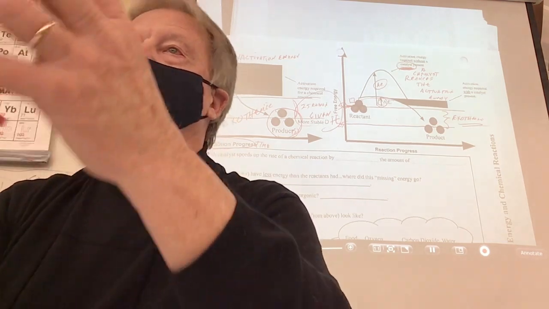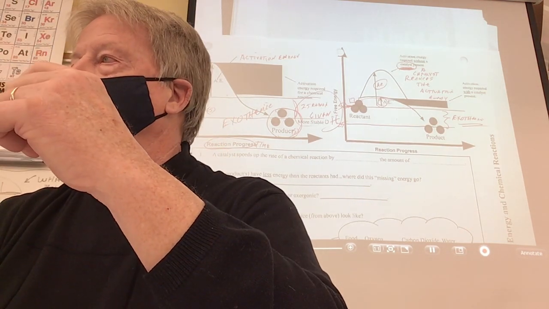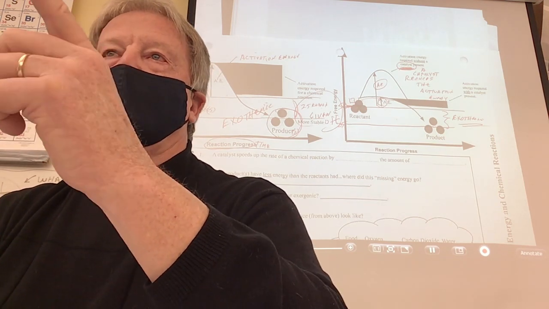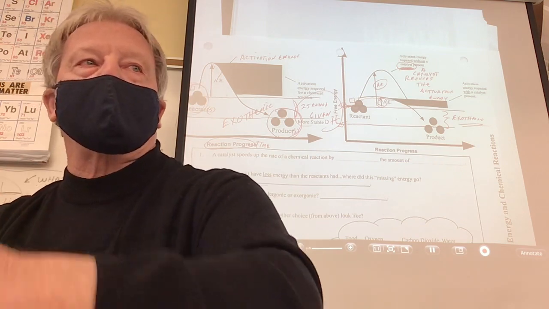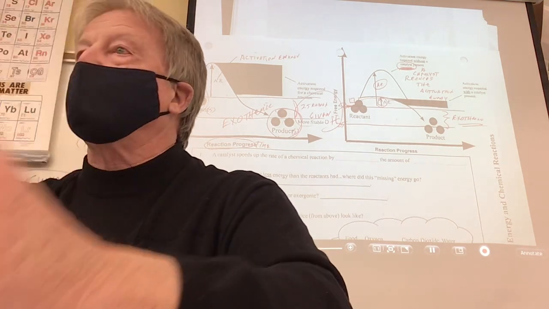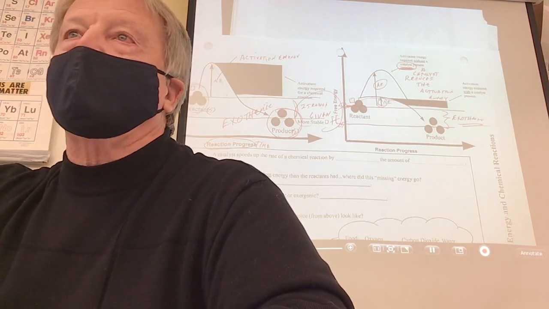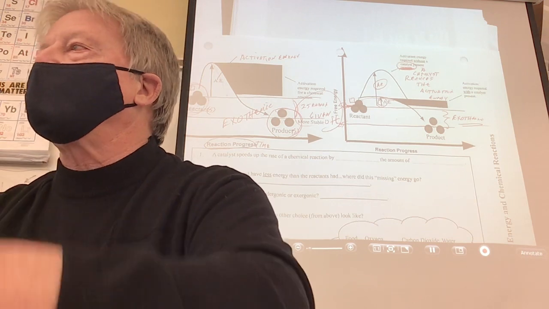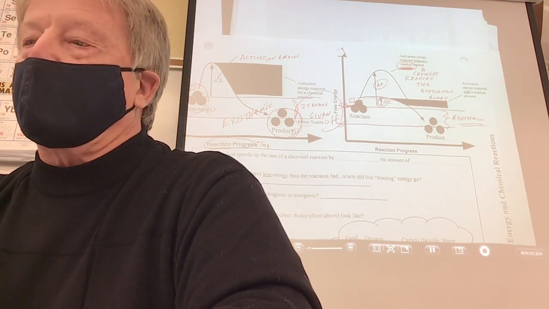Now we can make 10,000 gallons per day. Do you think you might get a raise? If you develop a catalyst that makes that reaction take place 10 times faster, you think that company might outcompete another company who can't make it that fast? And so catalysts are a really big idea, and they lower the amount of activation energy.